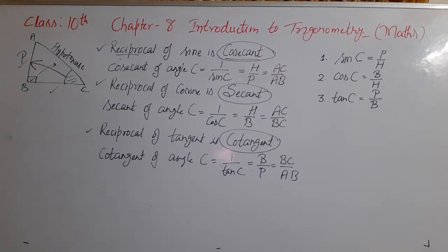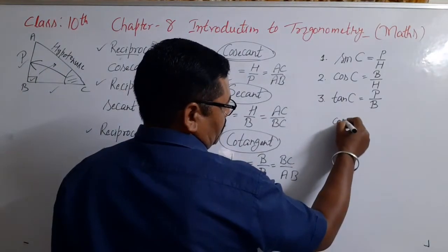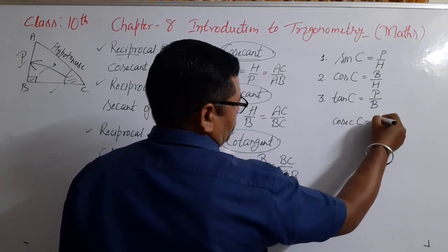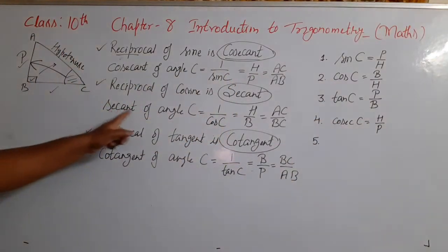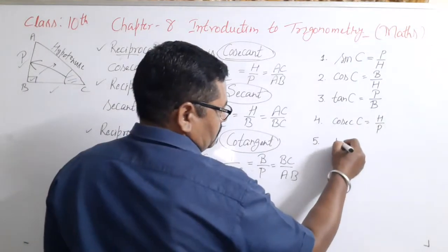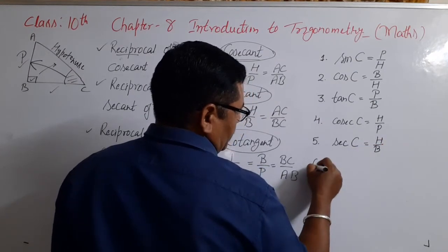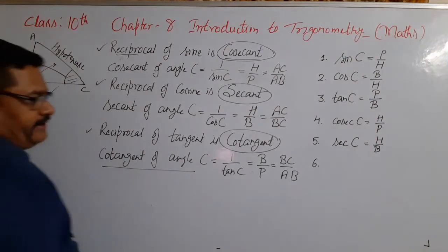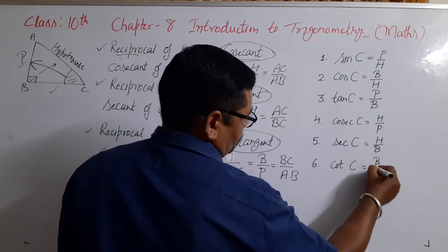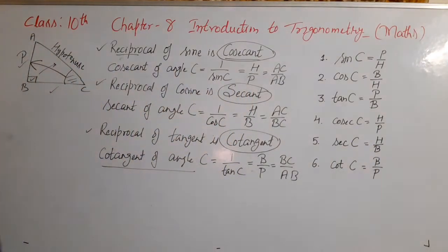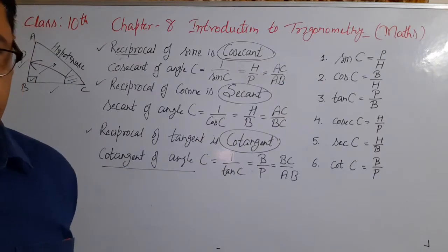Now let us write the short form of cosecant of angle C. Cosecant of angle C is written as cosec C. Secant of angle C is written as sec C. And cotangent of angle C is written as cot C. So in this way, these 6 T ratios are there in trigonometry.